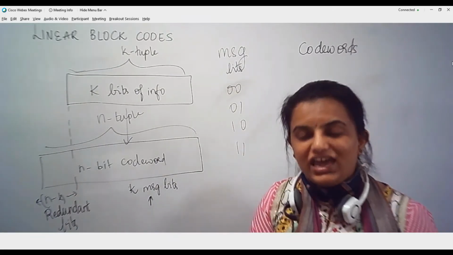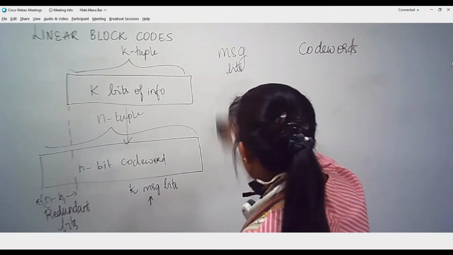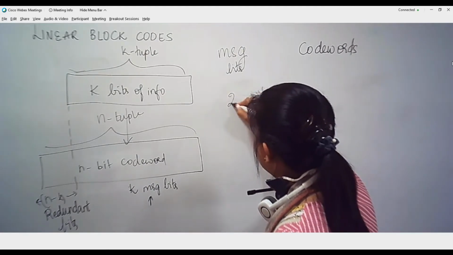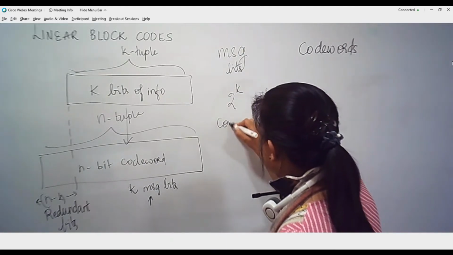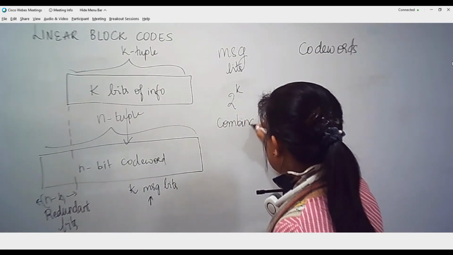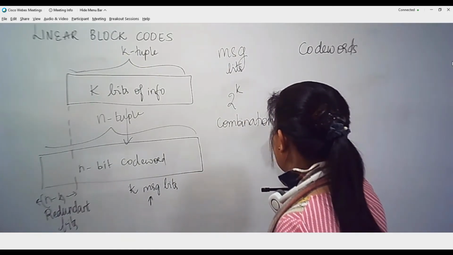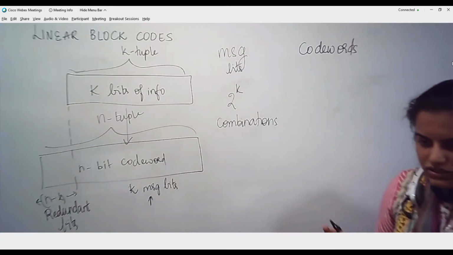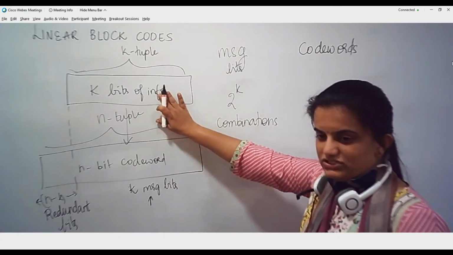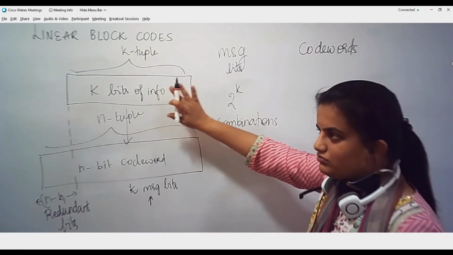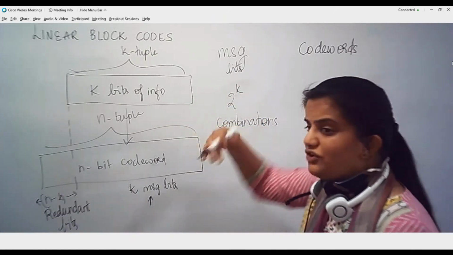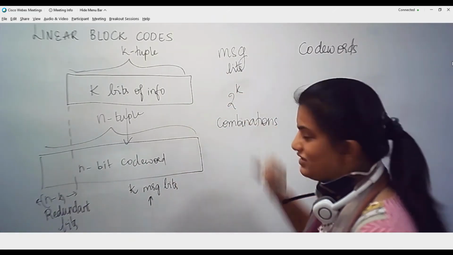Similarly, in general, if I have k number of bits, then I will have 2 power k combinations of zeros and ones. Yes or no? Fine? Getting my point here? If there are k bits of information over here, then the possible number of input combinations is 2 power k.